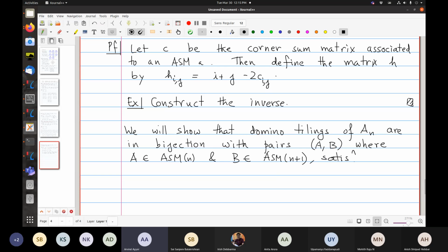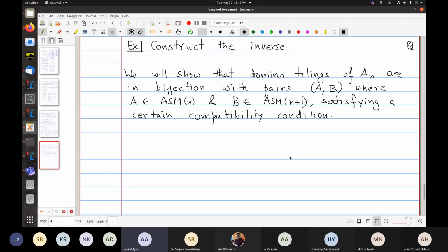Satisfying a certain compatibility condition. Okay, you won't get all pairs, otherwise we would have gotten some other answer.